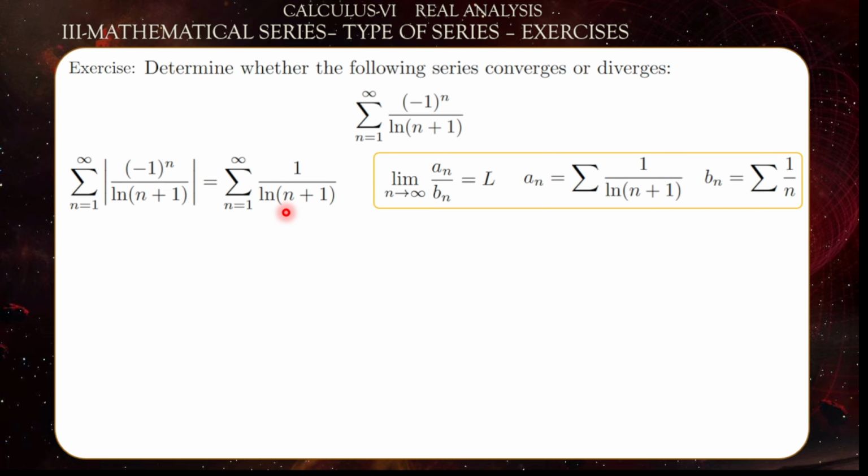Now, if we use the limit convergence test, or LCT, it won't be clear. By the way, if we choose the series sigma 1 over n, a_n divided by b_n, this term divided by this term, would give you the limit of n divided by ln of (n+1) as n approaches infinity.